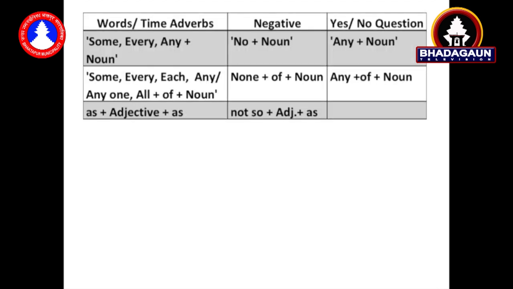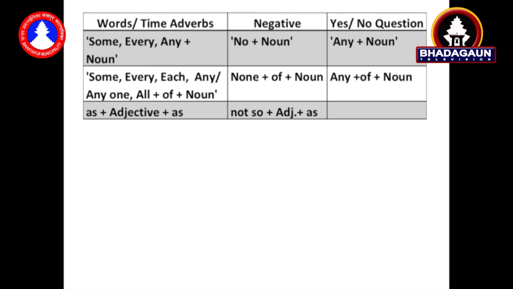And the next, some, every, or any plus noun becomes no plus noun. It means some or every or any is changed into no if these words are followed by a noun. And some or every or any is changed into any in the yes no question.